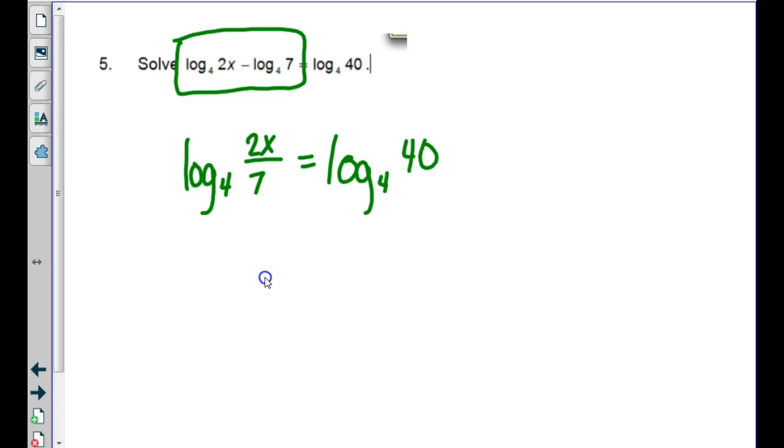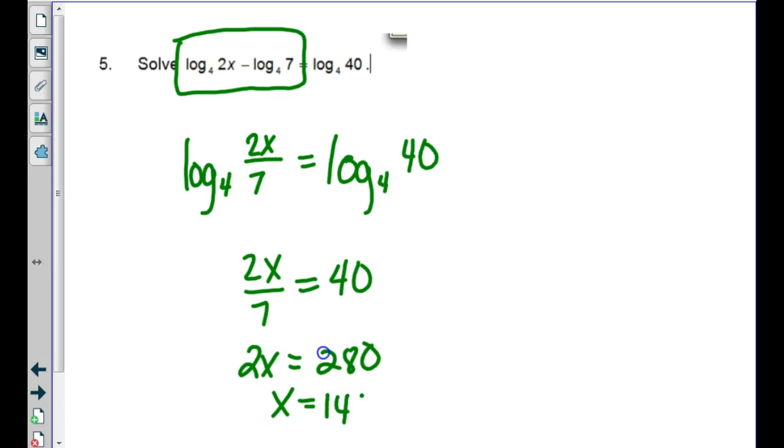You could, you'd probably do it right, but because there's a single log on both sides now, we can say the log base 4 of A equals the log base 4 of B, so therefore A equals B. If we multiply the 7 over here and divide, I don't know, I got 140, 280, I think that's right. Make sure if it happened to come out negative that you plug it back in, but I think it's all good. Any questions?